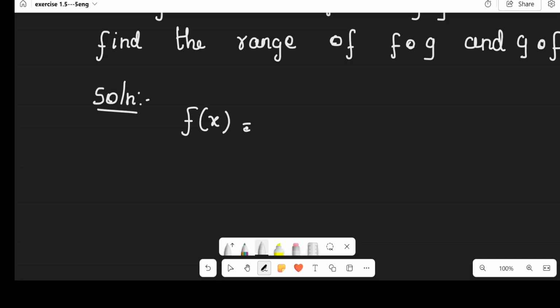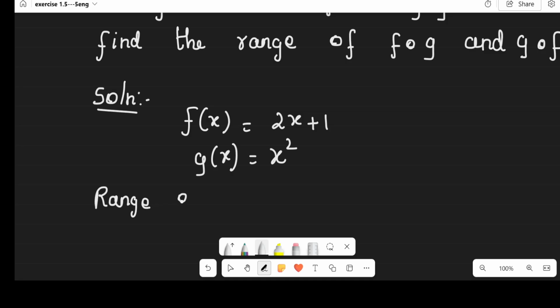What is f of x? 2x plus 1. And then g of x, right? What is g of x? X square. This is g of x. Now, what had been asked? Range of f of g and g of f.